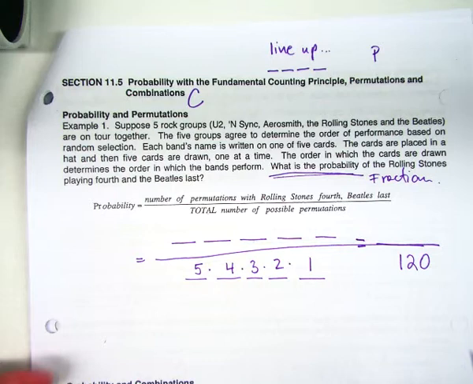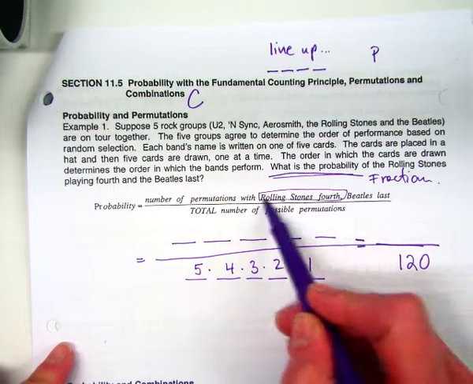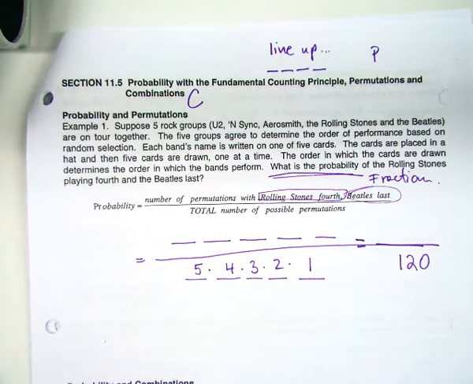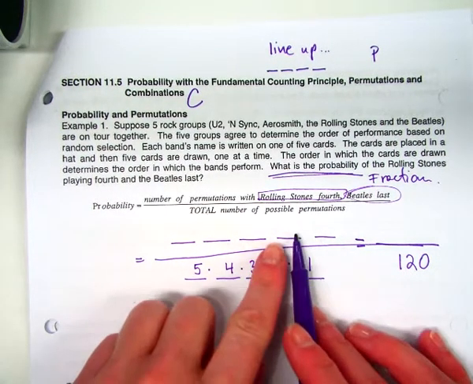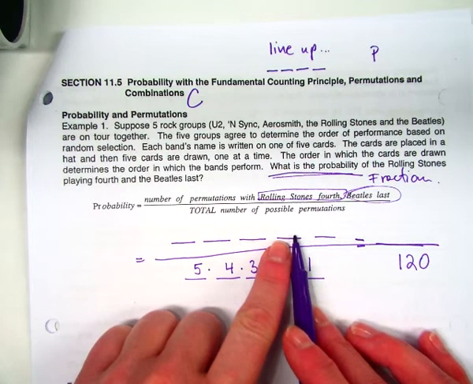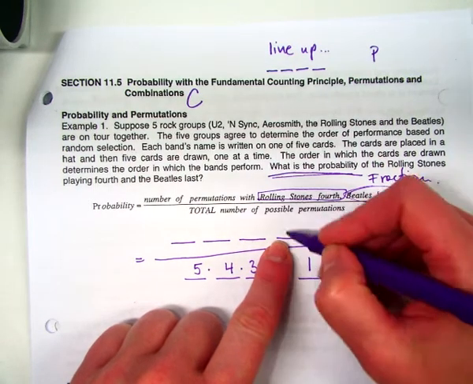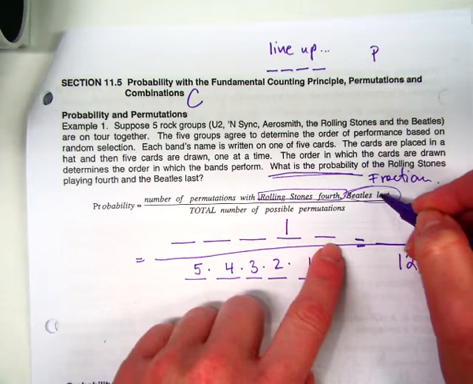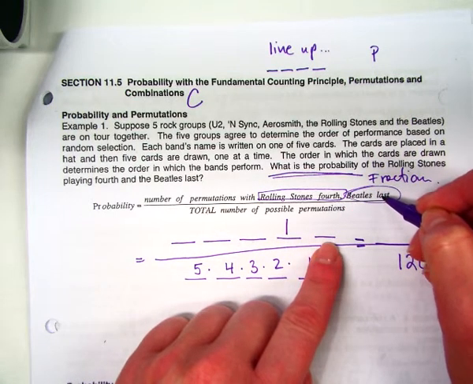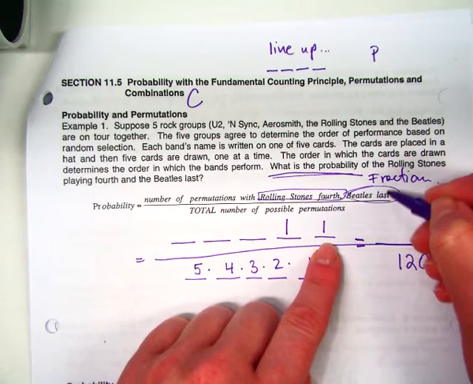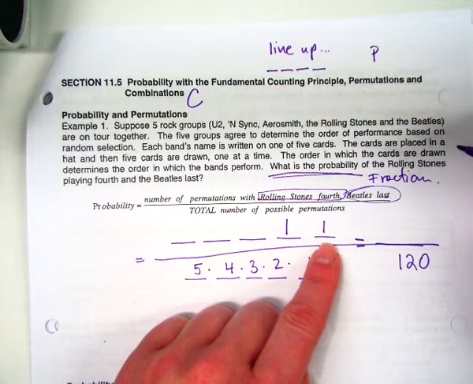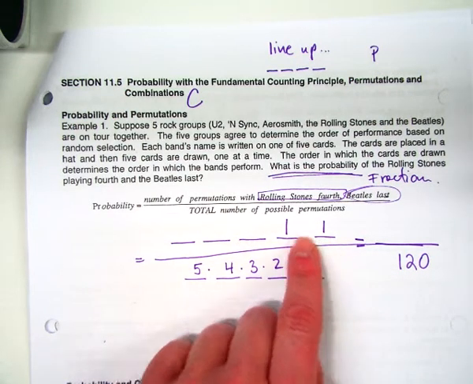So here, I want Rolling Stones fourth and Beatles last. So for this fourth spot right here, how many bands do I have to pick from? 1. How many bands do I have to pick from for the last spot? Only 1, because we want a specific band. So out of the 5, I've chosen 2.